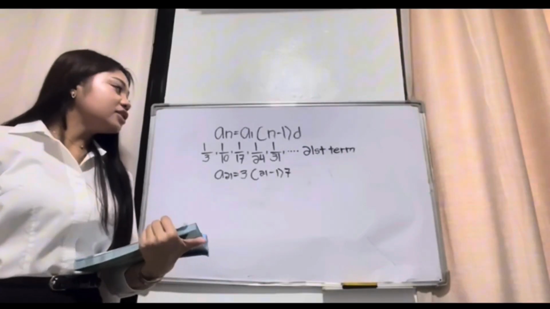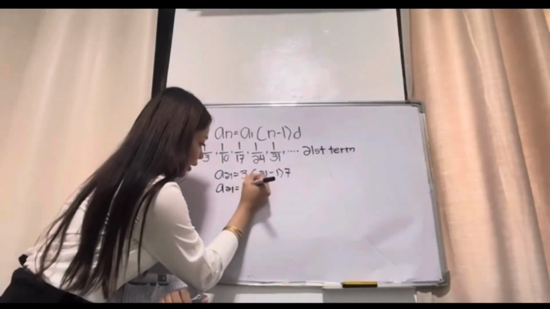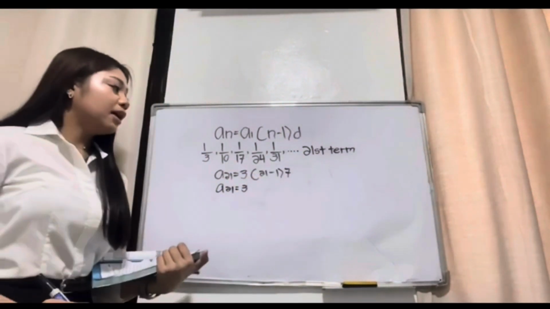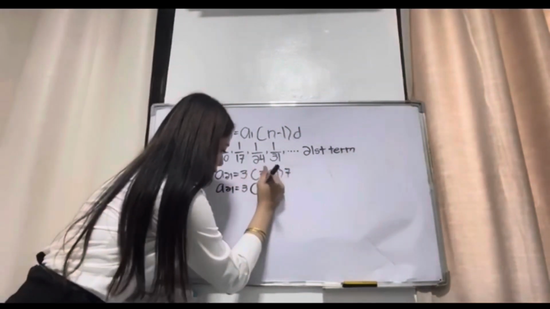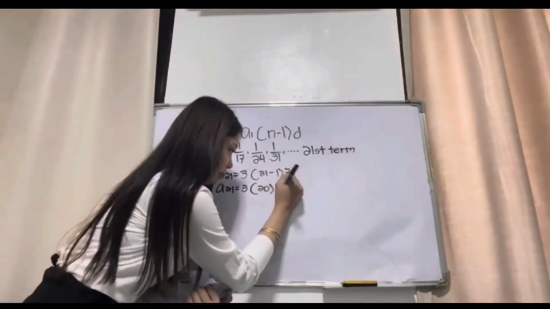And now, we will just copy the 3. Then 21 minus 1 is 20. Then copy the common difference 7.